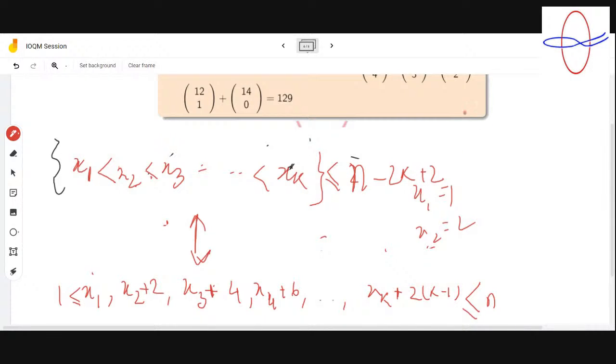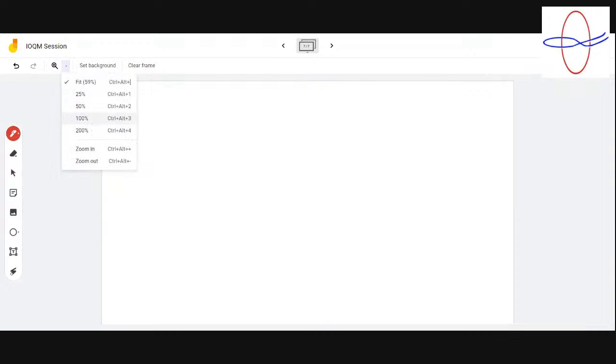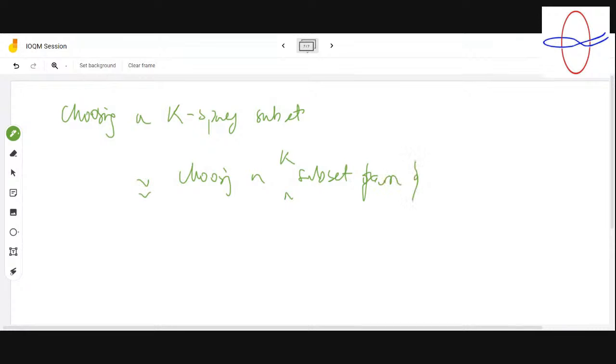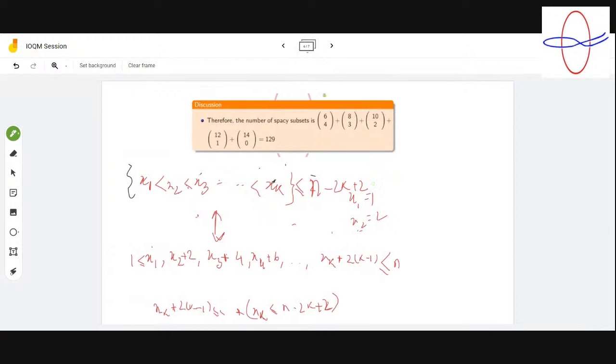So essentially, choosing a k-spacey subset is equivalent to choosing a k-subset from 1, 2, 3, ..., n plus 2 minus 2k. That's what we have got over here.